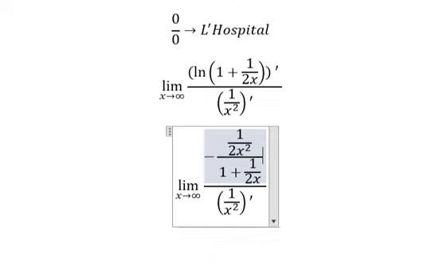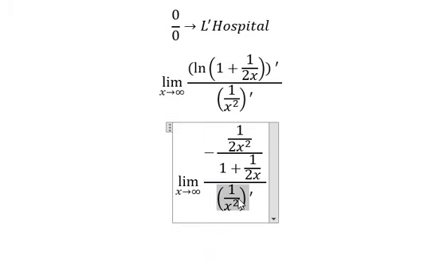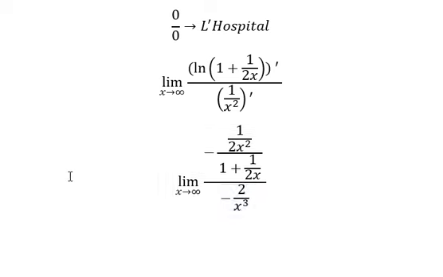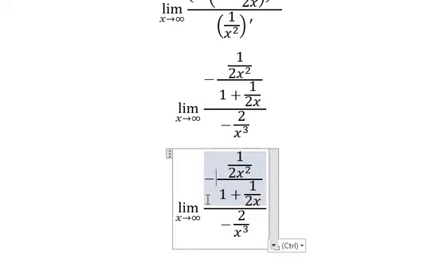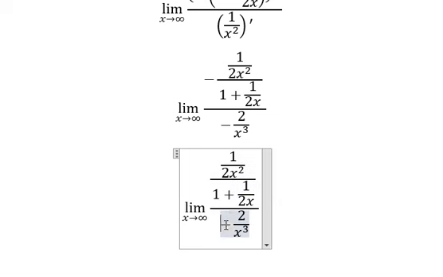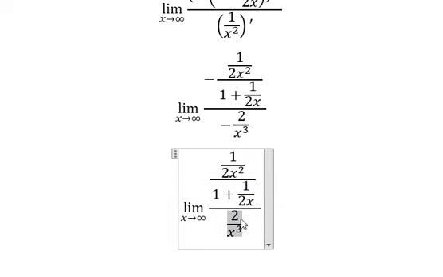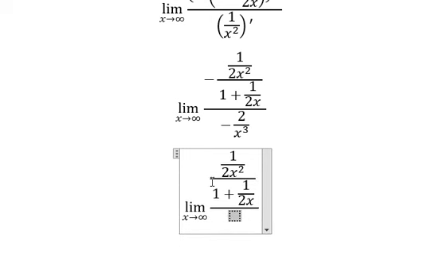This one we have negative number 2 over s to the power of 3. And now we need to simplify negative and negative. And this one I will go to numerator. So that should be like this.